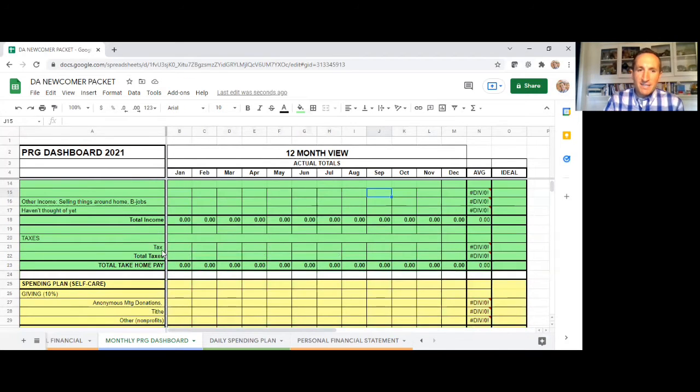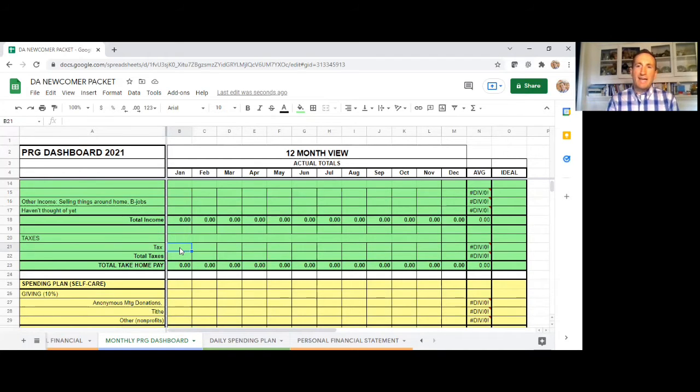All right, so taxes are pretty self-explanatory. I don't know what your taxes are, what your tax bracket might be, but whether you're using this as a form of saving money, squirreling money away for whenever you know you'll have to pay taxes, or if it's coming out of your paycheck.